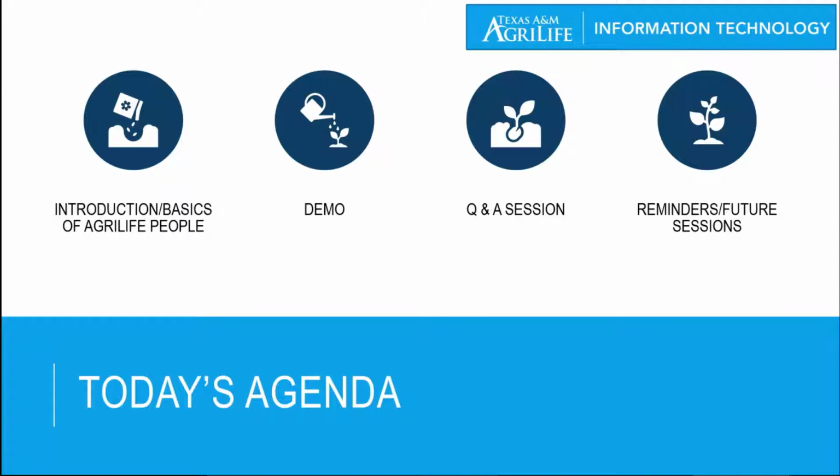And during that demo, I'll show you how to use our self-service IT request. And then the last 15 minutes or so, we'll answer any and all your questions. And I'll wrap up with a couple of reminders and our future sessions information. Then we'll be good to go, and hopefully y'all learn something new and useful.